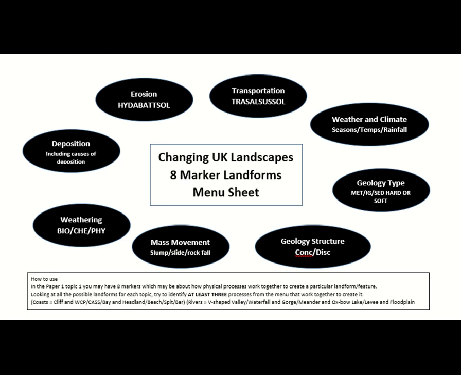It deals with all the 8 markers: examine, assess and evaluate, but it starts with examine, and this is the only topic, paper 1 topic A, where you are going to have examine questions as an 8 marker, and you're going to have 2 of them. There'll be 1 for rivers, 1 for coasts. So this slide plus that video is really good preparation for you.